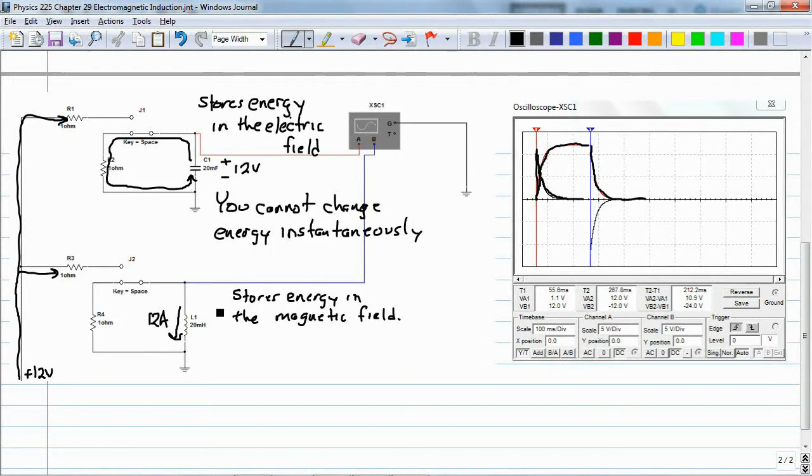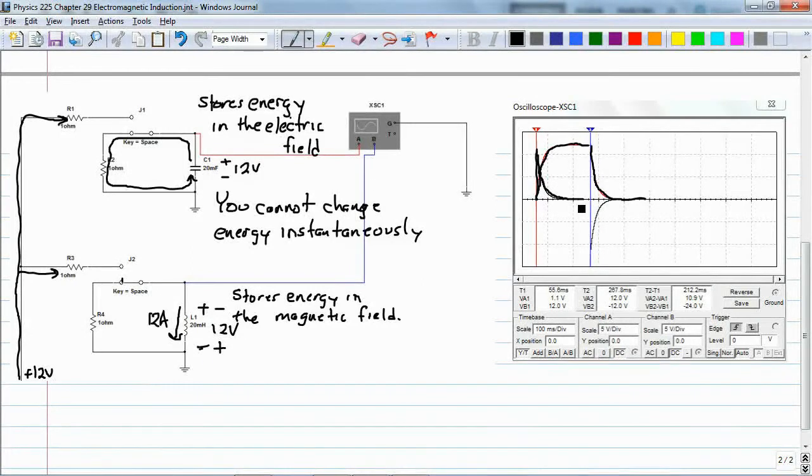So before I had this as plus and minus, and that was 12 volts. The instant that I throw this switch, the inductor changes its polarity instantly to keep this current flowing in this direction. And so if the current's flowing in this direction, then that means this is going to act like a battery or source, and my polarities change. And in this case, it's going to be 12 volts, because it's going to take 12 volts to put 12 amps of current through a 1 ohm resistor.